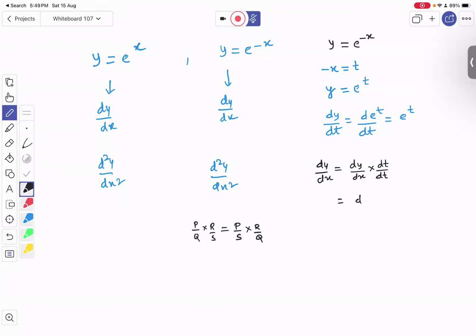The same way here, I'll exchange the denominator so we get dy by dt into dt by dx. So in this step, I'm utilizing the property of dy by dx being a ratio as well. So it's like this guy has got dual nature. It is an operator as well as a ratio, both at the same time.